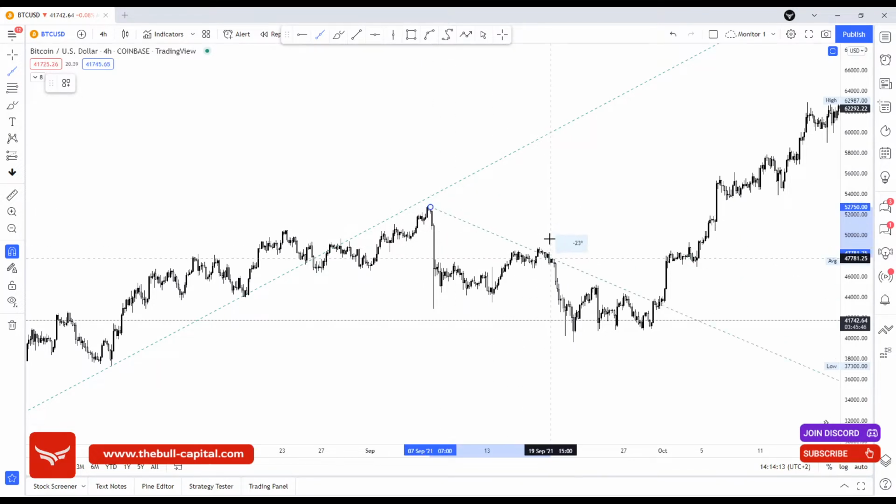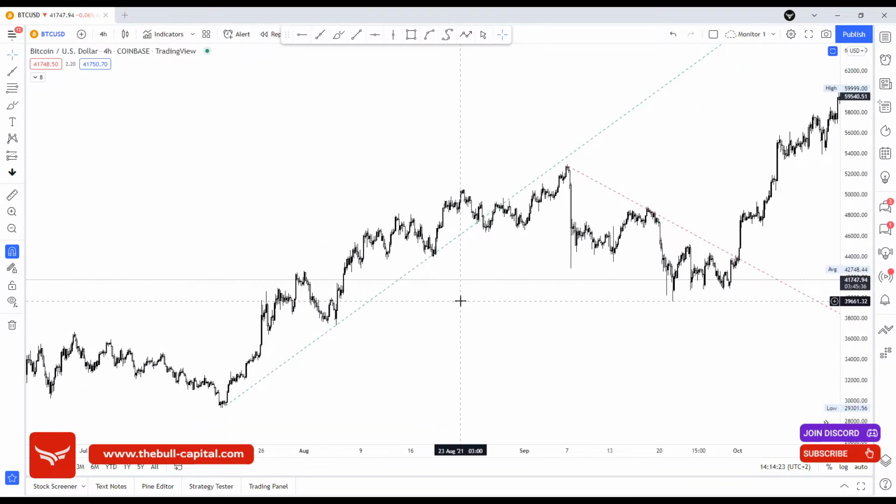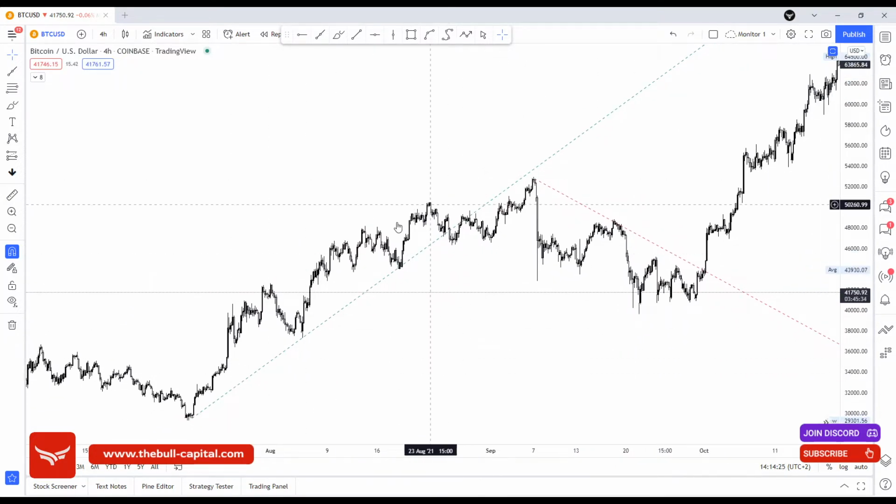Here, I mark it with this red. So now we have a downtrend. The market moves in trends, uptrends and downtrends. When an uptrend is being broken, it forms a downtrend.